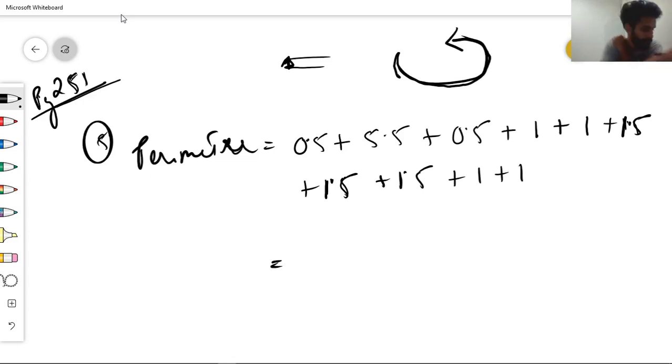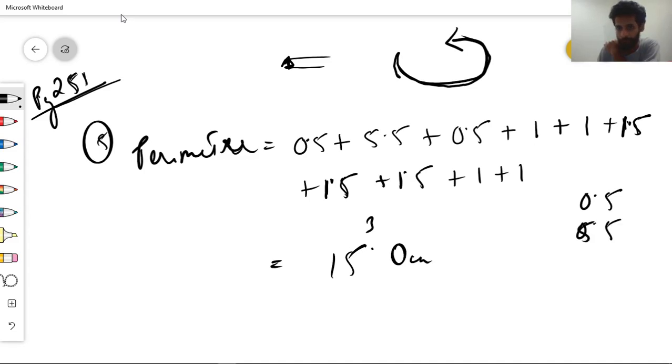So now we have to just add it. How to add this one? 5, 10, 15, 20, 25, 30. So here 0 will be there, 3 will be carried. So 5, 6, 7, 8, 9, 10, 11, 12, 13, 14, 15. So it will be 15 centimeter. You have to add it like this: 1.5, then 1.5, then plus 1.0, then again 1.0.